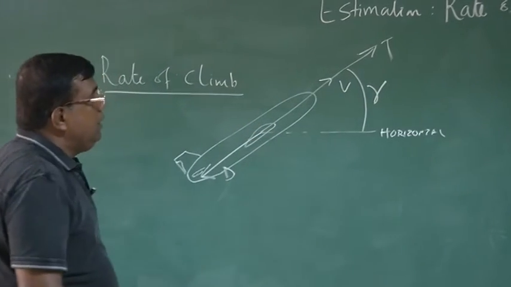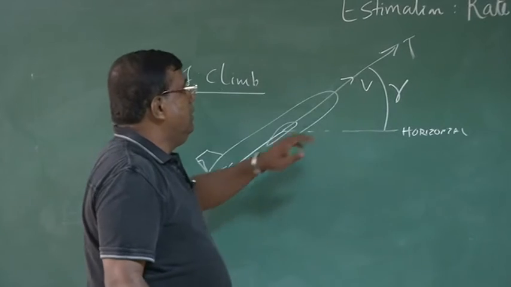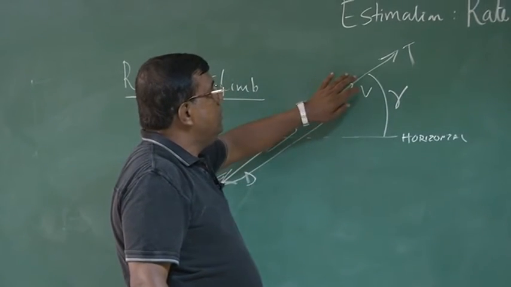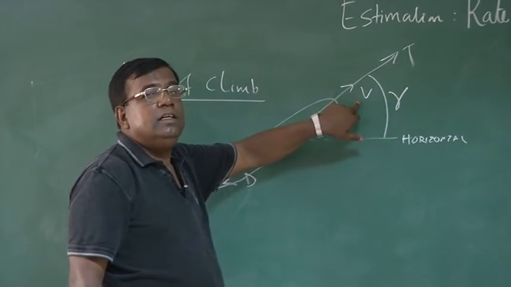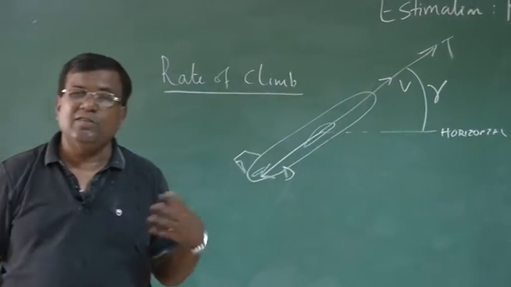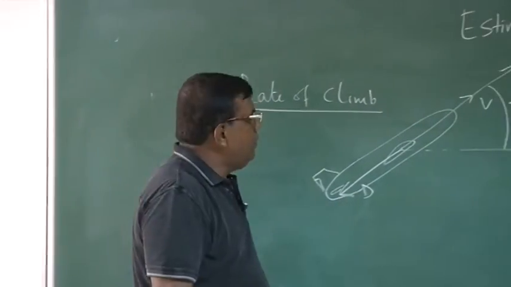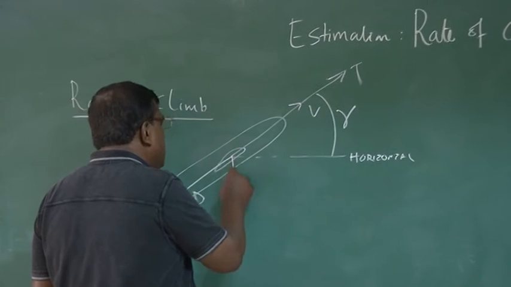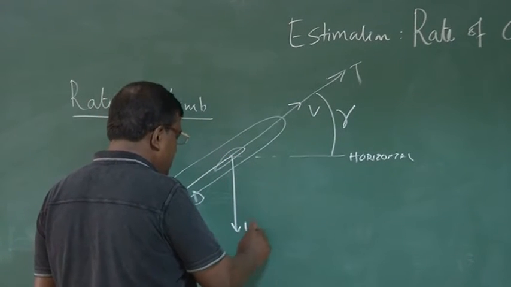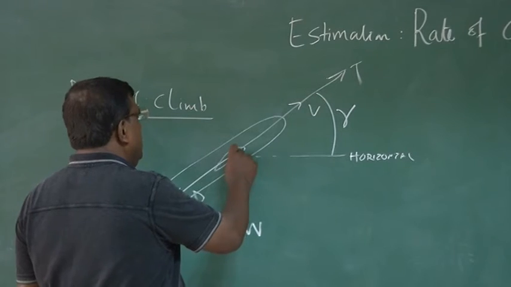Quickly we can remind ourselves that thrust and velocity vector are generally not in the same line, but we are assuming that angle is very small.